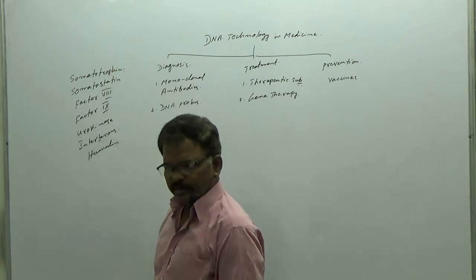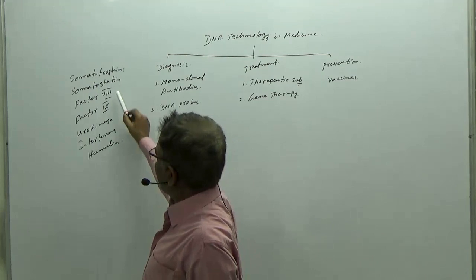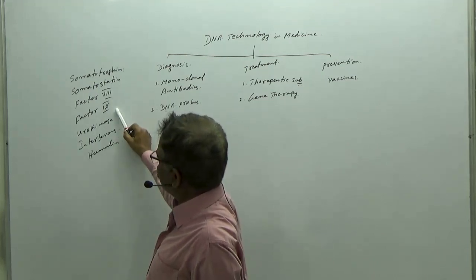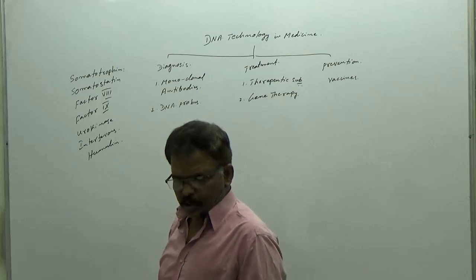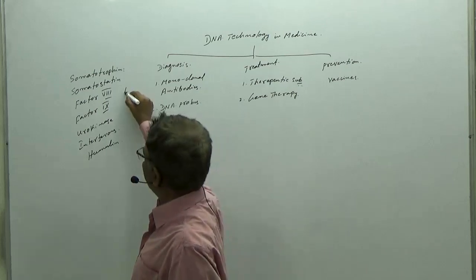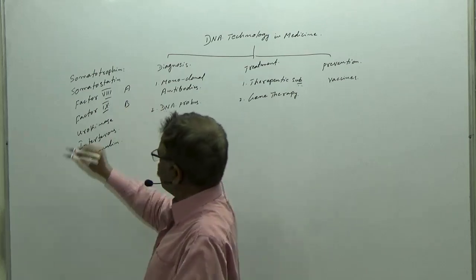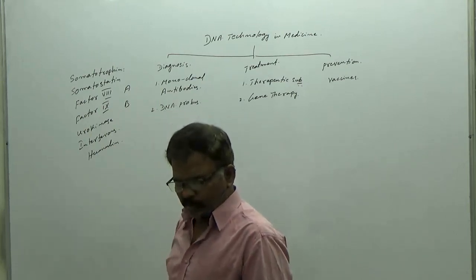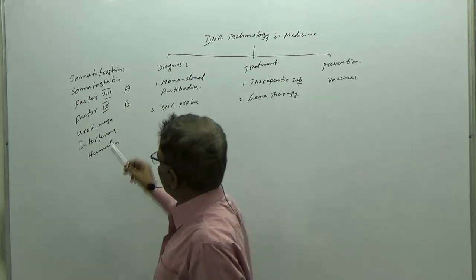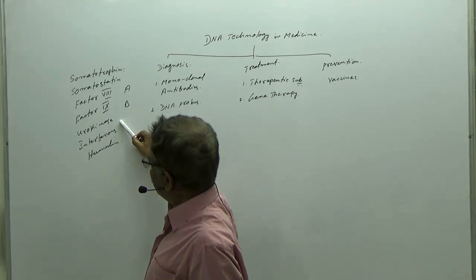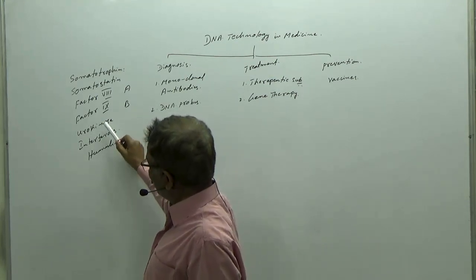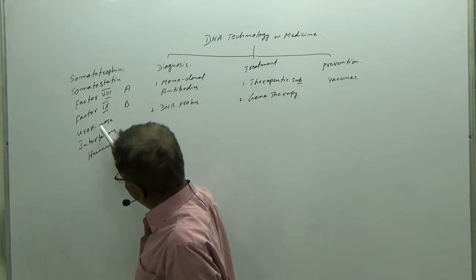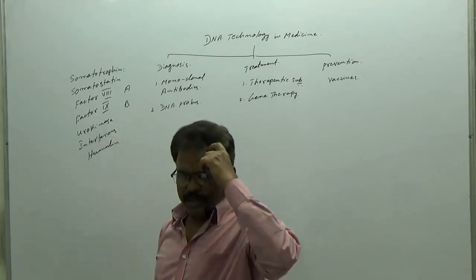Factor 8 and factor 9 both are useful to control hemophilia. But the first one is useful to control hemophilia A, the second one hemophilia B. Then urokinase. This urokinase is an enzyme useful to dissolve blood clots in the blood vessels.